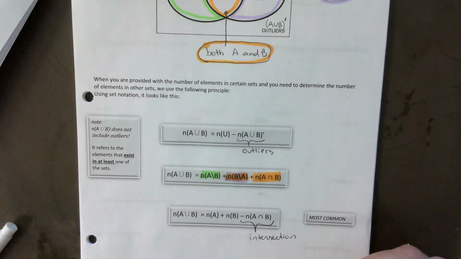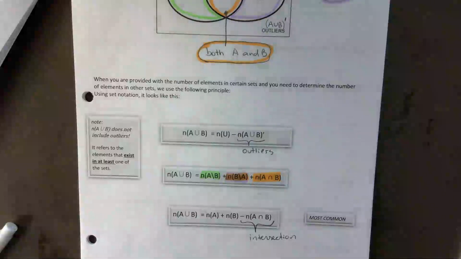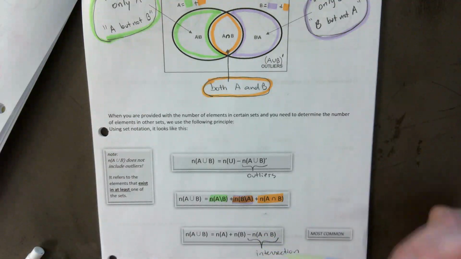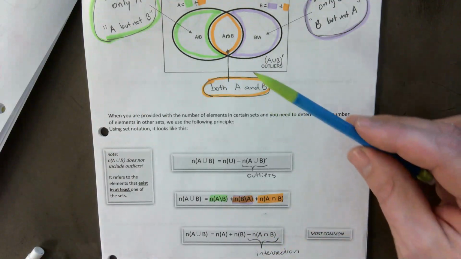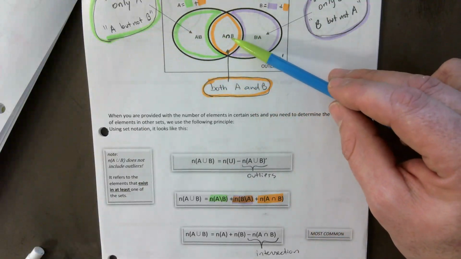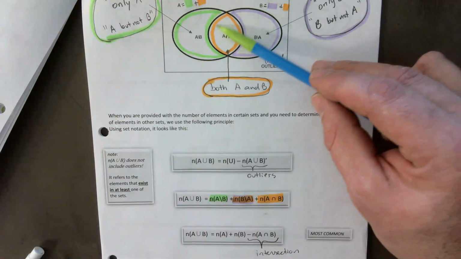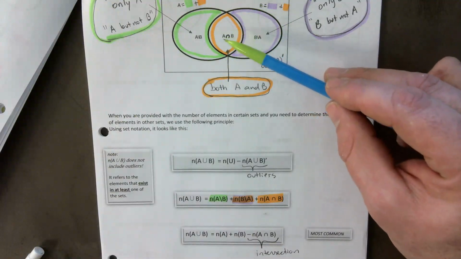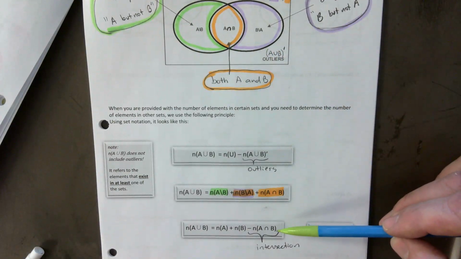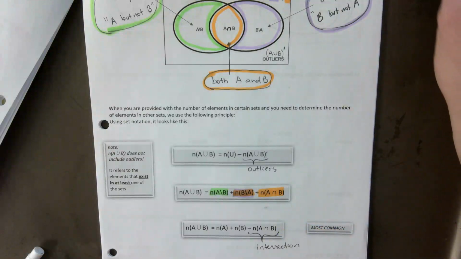Otherwise you'd be double counting. If you add up all of A, you're adding this orange part as well, and if you add all of B, you're double counting this one. That's why this is being subtracted, to account for that. Okay?